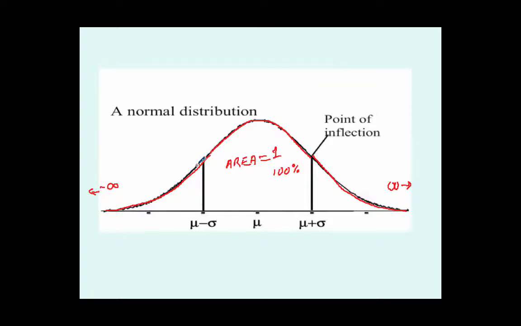A couple other things to notice, I'm going to change colors here for you, is that at this point right here, and at this point right here, we have what's called a change in concavity. From this inflection point out to negative infinity, and from this inflection point out to positive infinity, the curve is concave up. But this section in the center here, which I'm tracing right now, between those two, that's concave down.